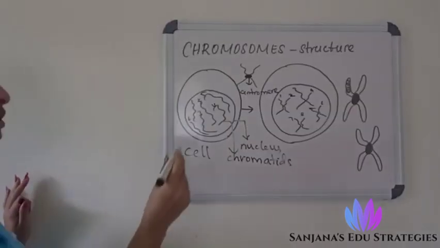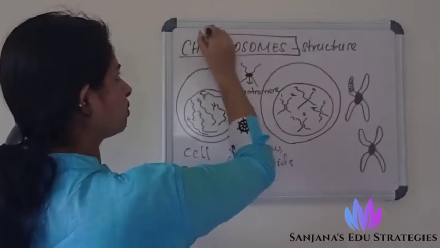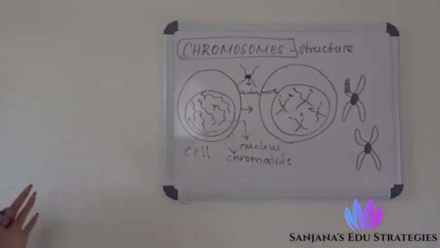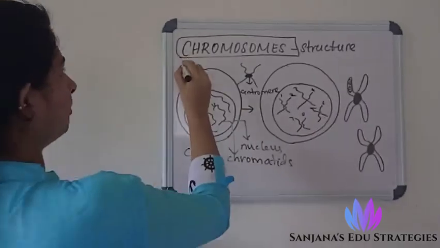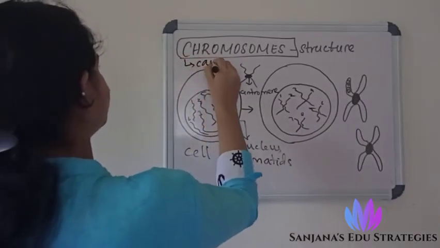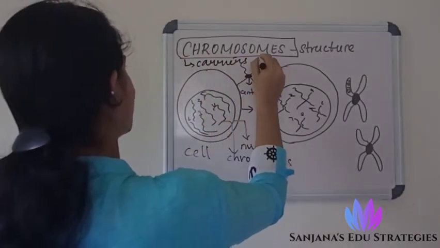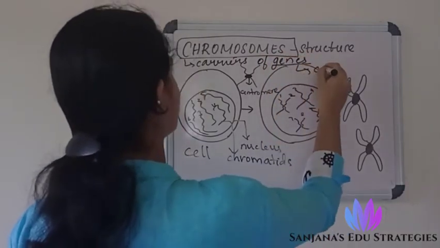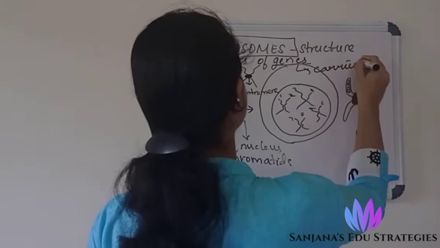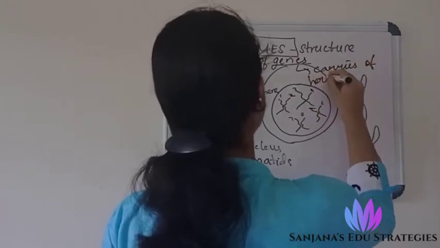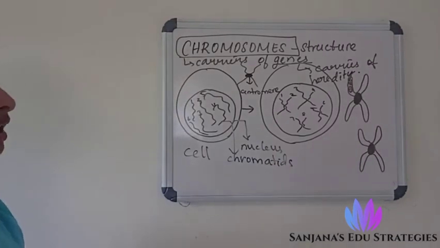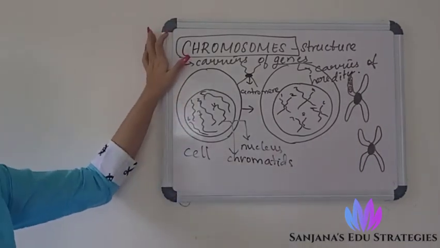Inside chromosomes all the genetic processes take place. The chromosome is the carrier of genes. Genes are the carriers of heredity. So all this happens inside the chromosome only.